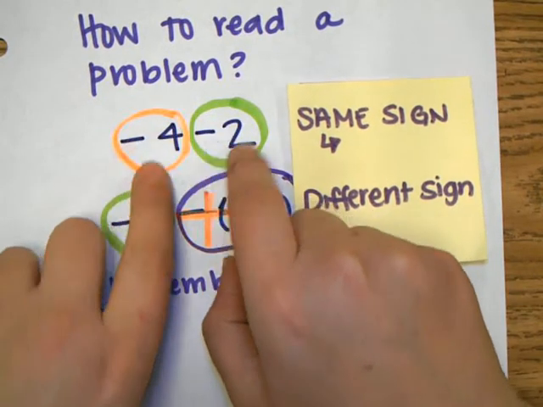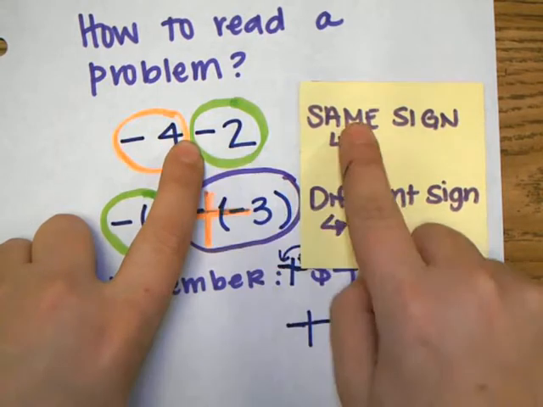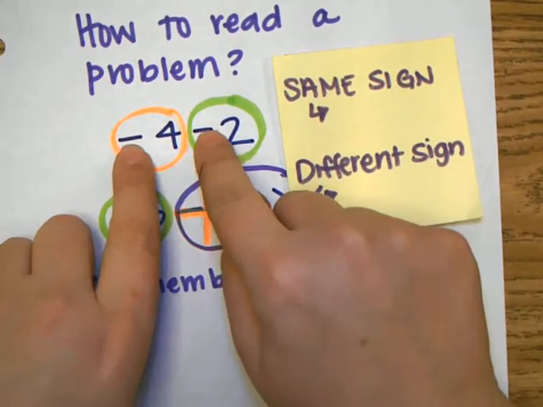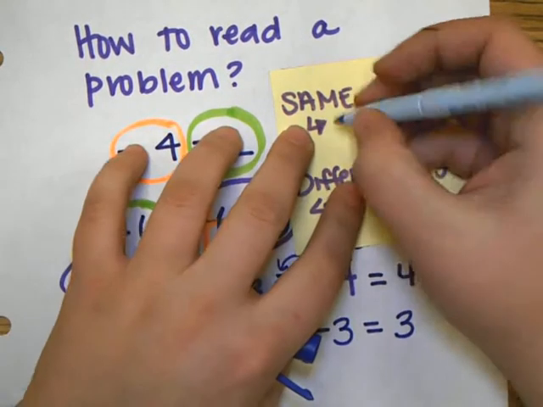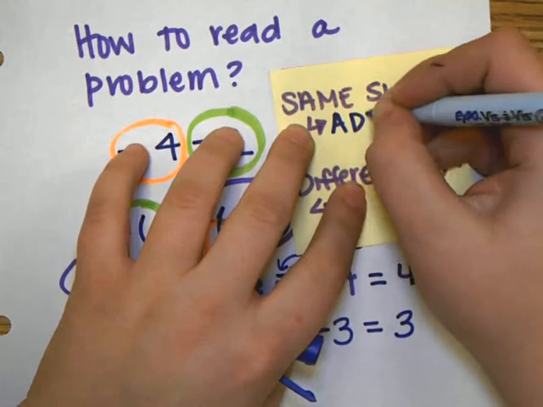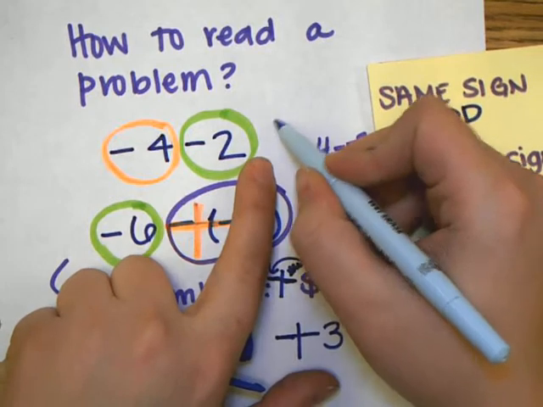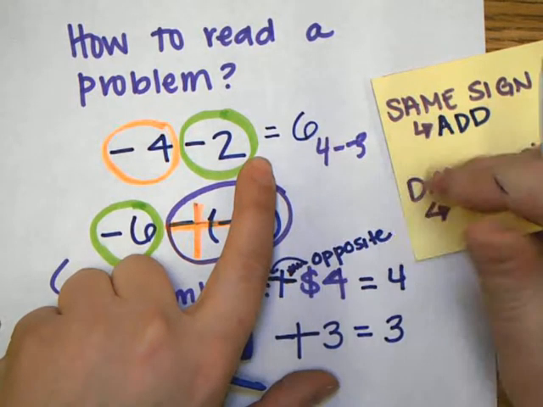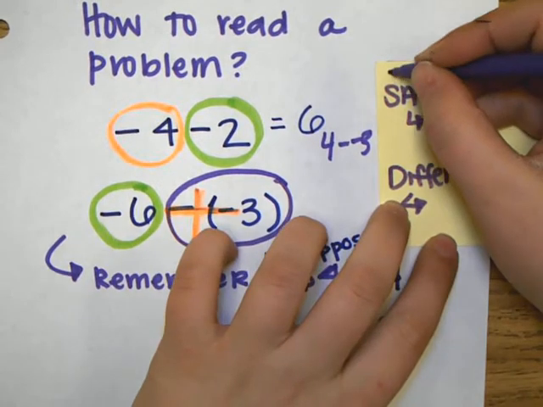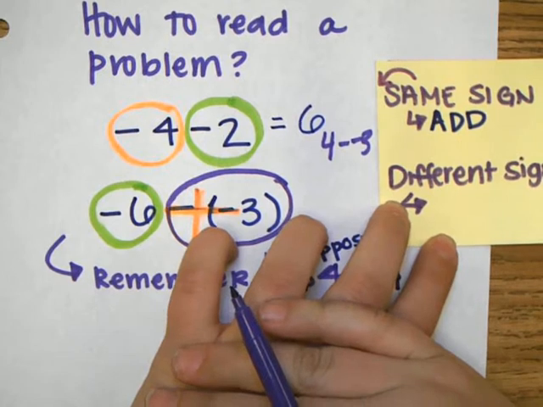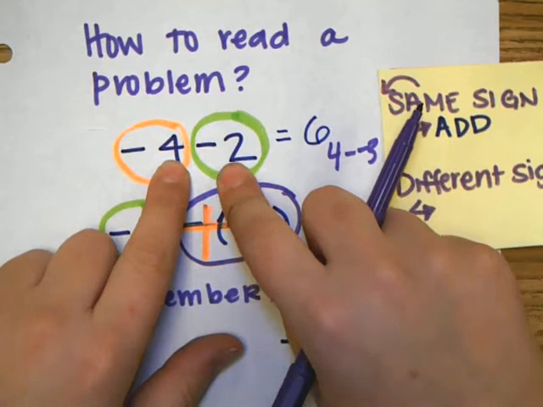Then you're going to ask yourself, these two numbers that I circled, -4 and -2, have the same sign in front of them. They both are negatives. When they have the same signs in front, you are going to add the 4 and the 2. So 4 plus 2 is 6. Then you are going to look in front of the larger number, 4 or 2.